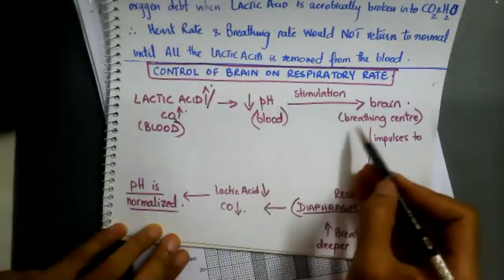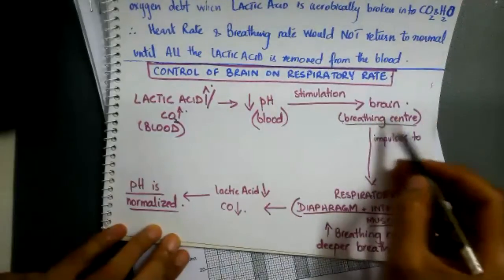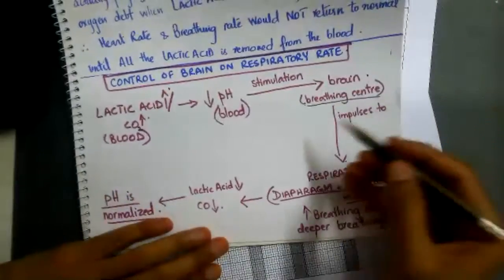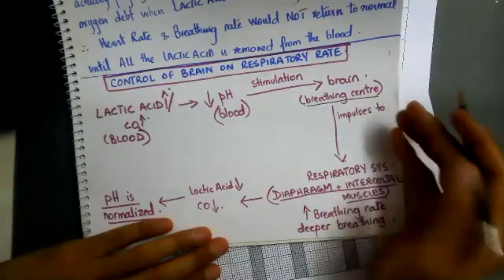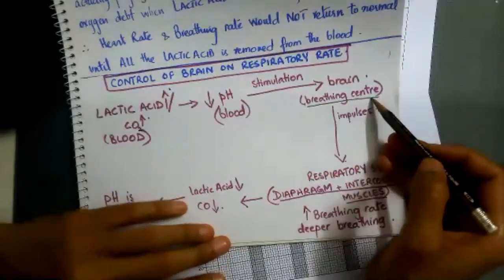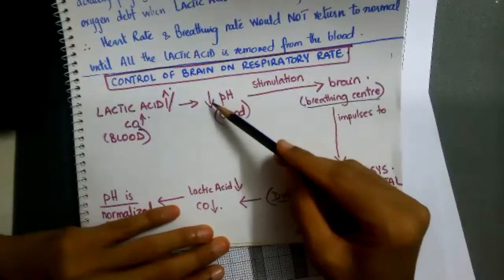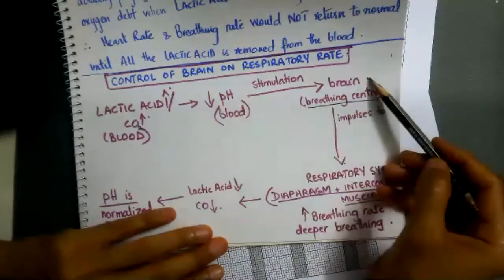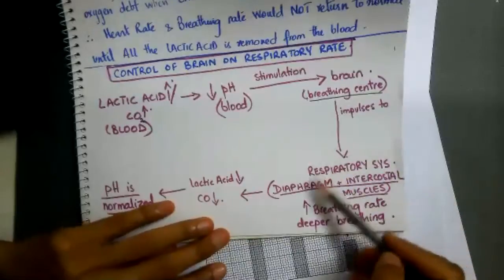And remember, there's a part of the brain which is called the breathing center, because it regulates our respiratory system. Therefore it is named the breathing center. It gets stimulated by the low pH of the blood. The low pH of blood will stimulate it. As a result, it will send impulses to the respiratory system.